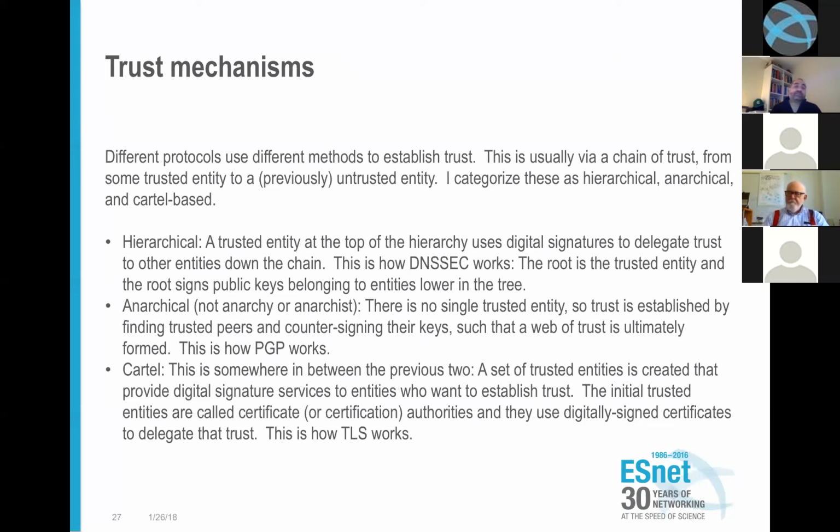Another method of doing trust mechanisms is hierarchical, which is where you have one trusted entity and it has one key, and everybody trusts that key. And that's how DNSSEC works. ICANN and IANA have created the root DNSSEC key, and that private key is secured in a variety of very interesting and careful ways. And the public key is made available to people via websites and other out-of-band mechanisms.